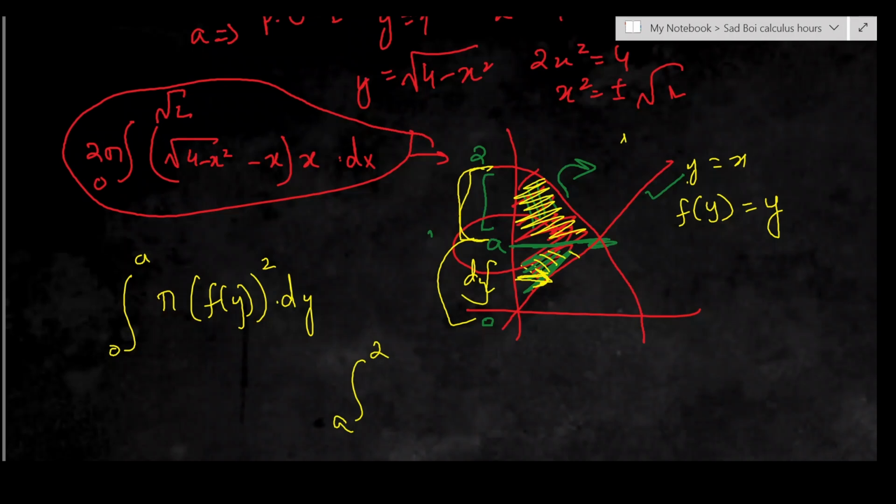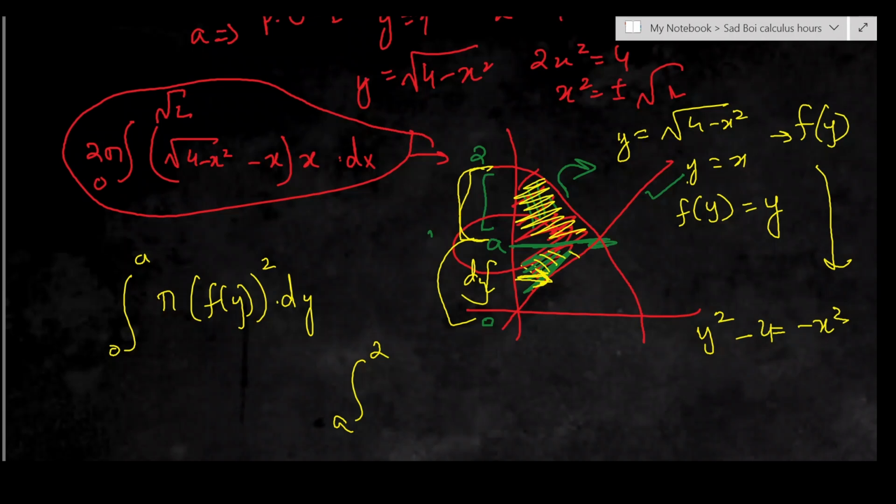Now for this region, we're going to do from A to 2. Well, we had the equation of the curve being y equals root of 4 minus x squared, and so f of y, this was f of x, so f of y is going to be y squared minus 4 equals negative x squared. So f of y is going to be root of 4 minus y squared.